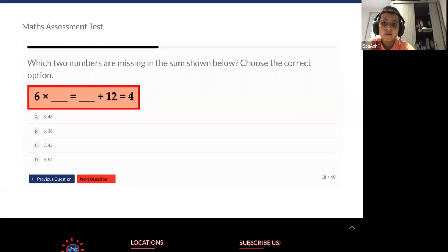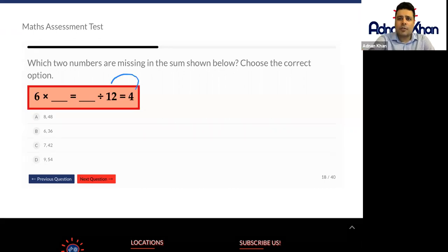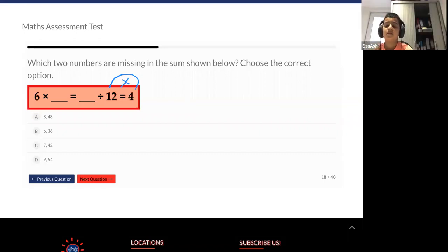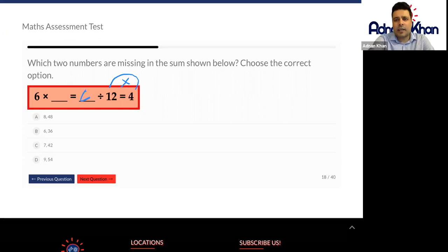So something divided by 12 would equal 4, and then that would be 36. Or you can do the opposite of division. Do multiply. What's 4 times 12? 48. Okay, let's put that there and check if they're going to be right.